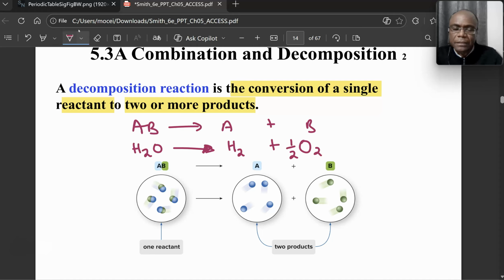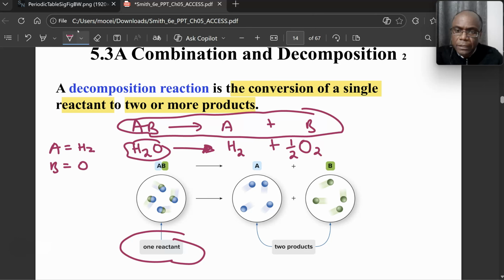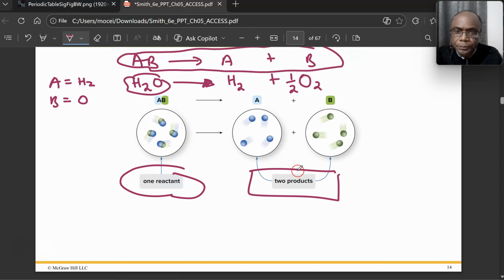Let me keep it balanced. Then we have decomposed the water molecule. In this case, A is hydrogen gas, B is oxygen. But anyway, you get your idea. We are just using AB as a general concept. So in conclusion, decomposition, you're starting with one reactant and you end up with two products.